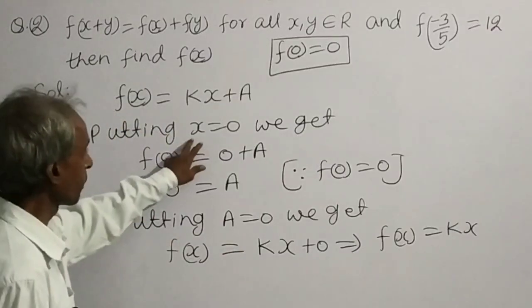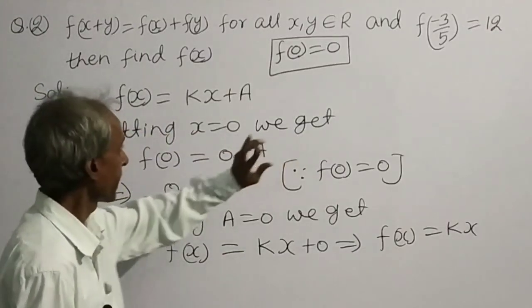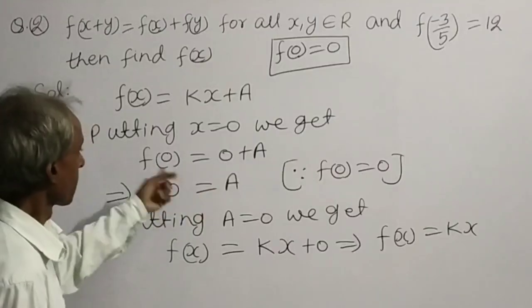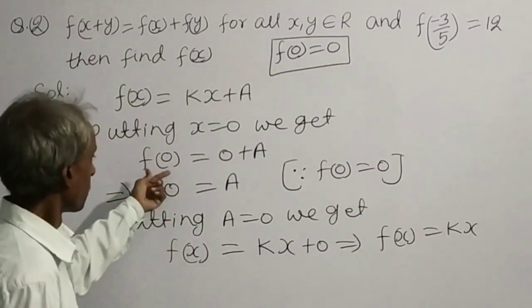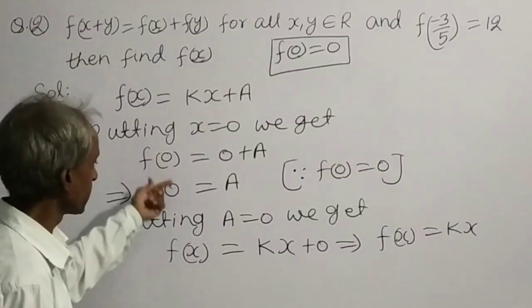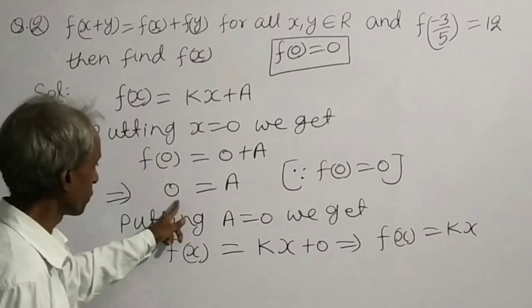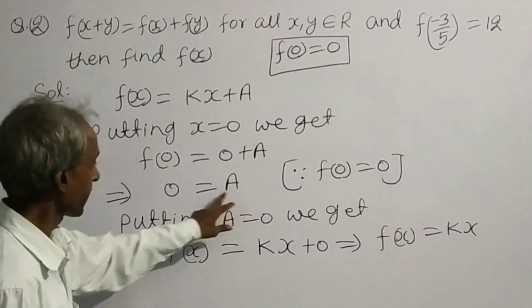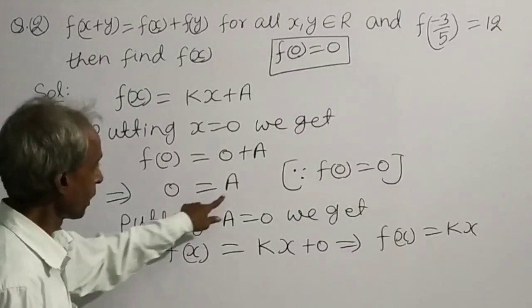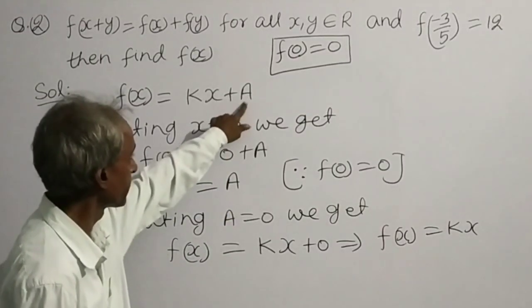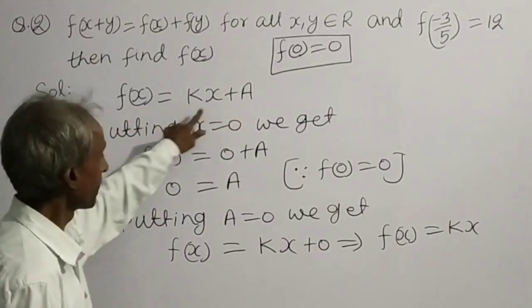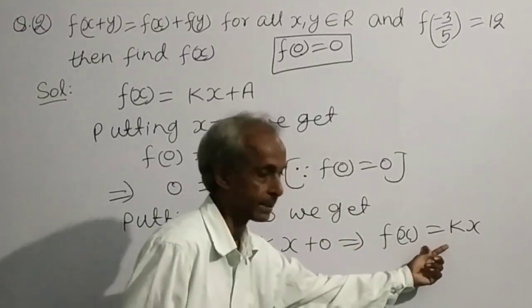Putting x equal to 0, we get this, but the value of f(0) is 0. Therefore, we will put 0 in place of f(0) here. Then we get A is equal to 0. When we put 0 in place of A here, we get f(x) is equal to kx.